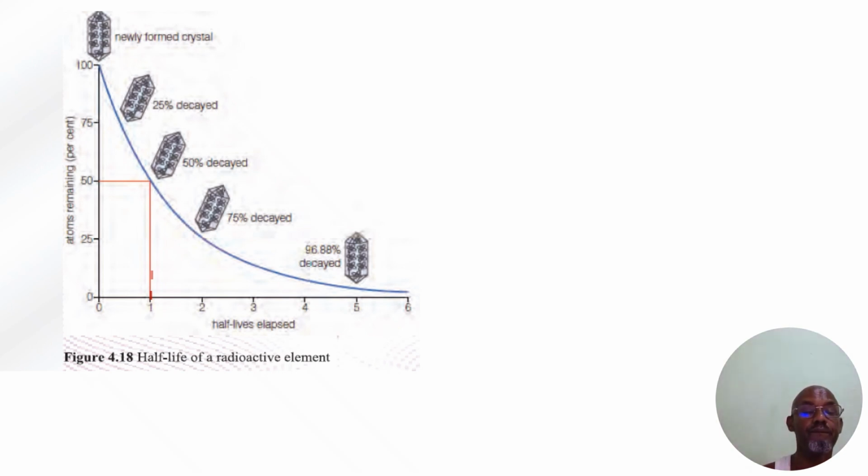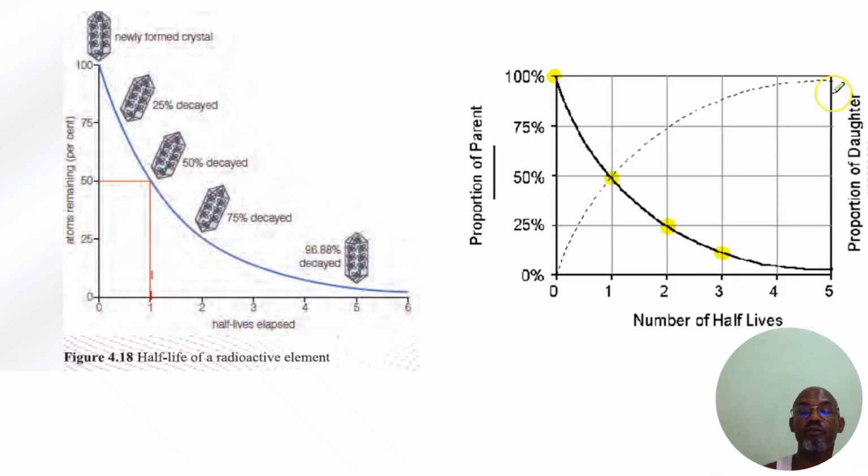You can also have such a graph. You see, the radioactive substance keeps decreasing as the number of half-lives increases here. This dotted graph shows you the amount of daughter element.